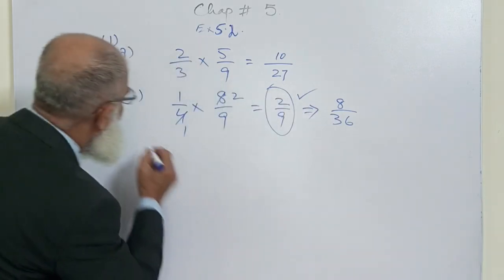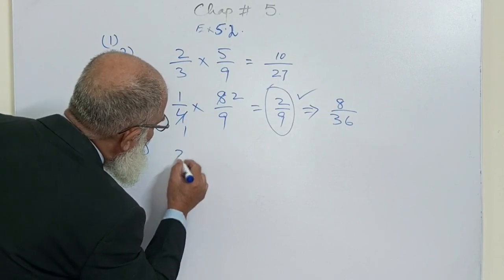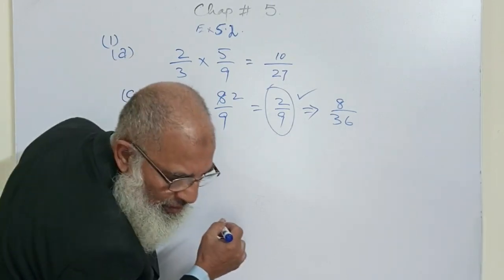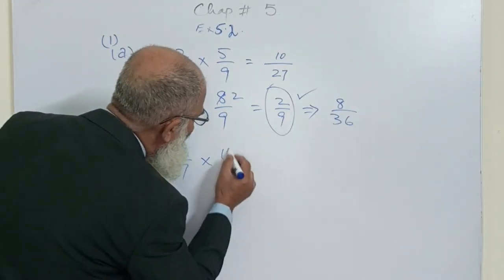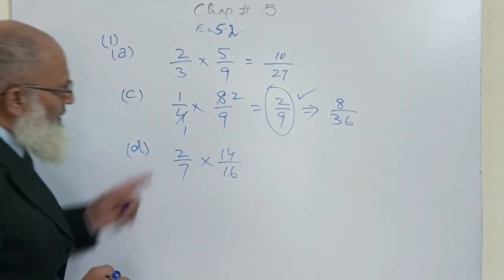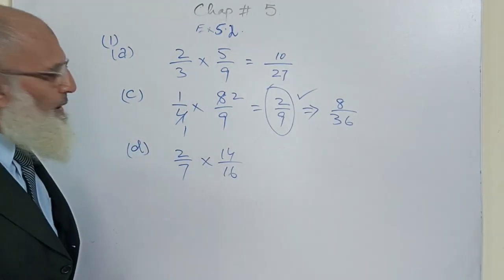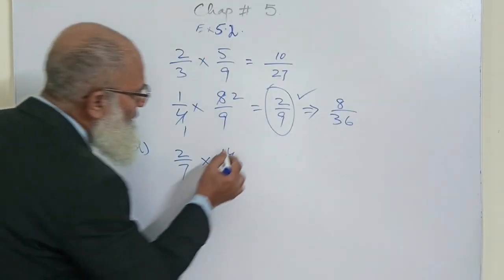Yes, part D. Part D is 2 divided by 7 and 14 upon 16. Now, these two are not divisible, but these are divisible by a number, and that is 2.